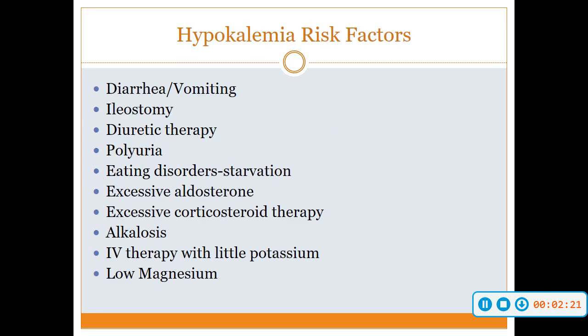All right, so what puts us at risk for developing hypokalemia? I just said diarrhea and vomiting repeatedly, not just one time. We're talking excessive vomiting or excessive diarrhea. And also gastric suctioning. Okay, that's why we don't stick an NG tube down to our NPO patient and just hook it to continuous wall suction, because it's just going to suck out all their gastric secretions and could cause them to develop hypokalemia.